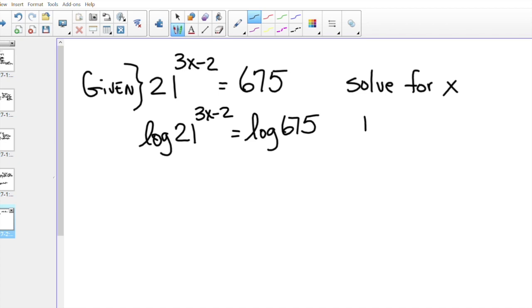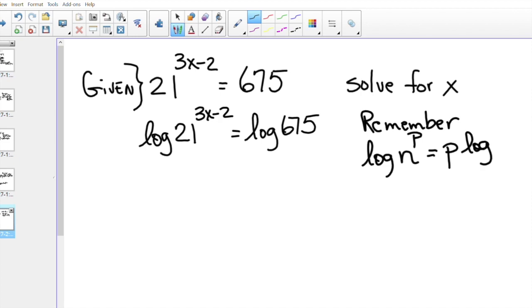Now remember what Mr. Napier said. If you're taking the logarithm of a number raised to a power, you are to say the power times the logarithm of the number. This is the power.